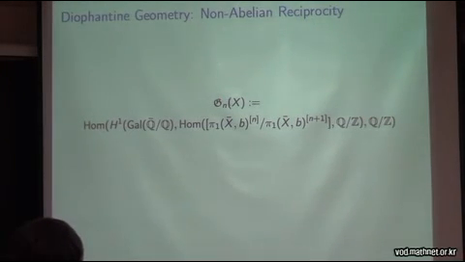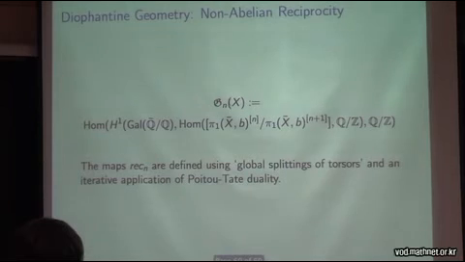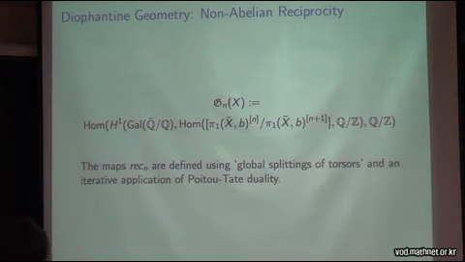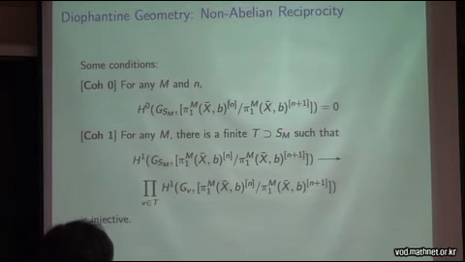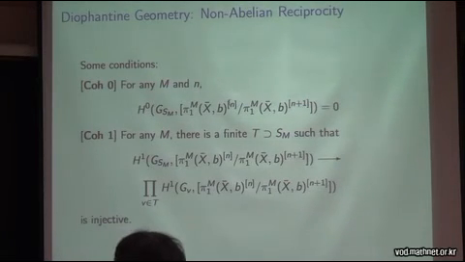And to just say a word for the moment about the definition, the reciprocity maps themselves are defined using global splittings of torsors and an iterative application of Poitou-Tate duality. In order to make this precise, I need these conditions on various Galois cohomology that I omitted earlier.